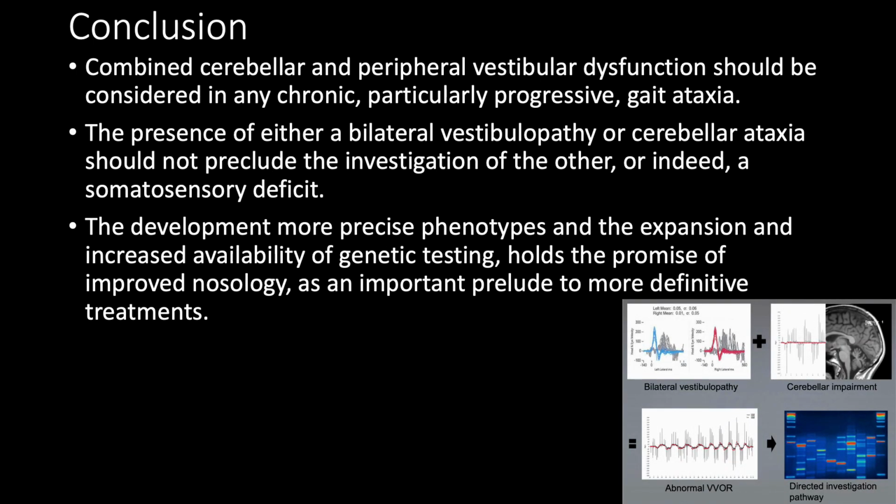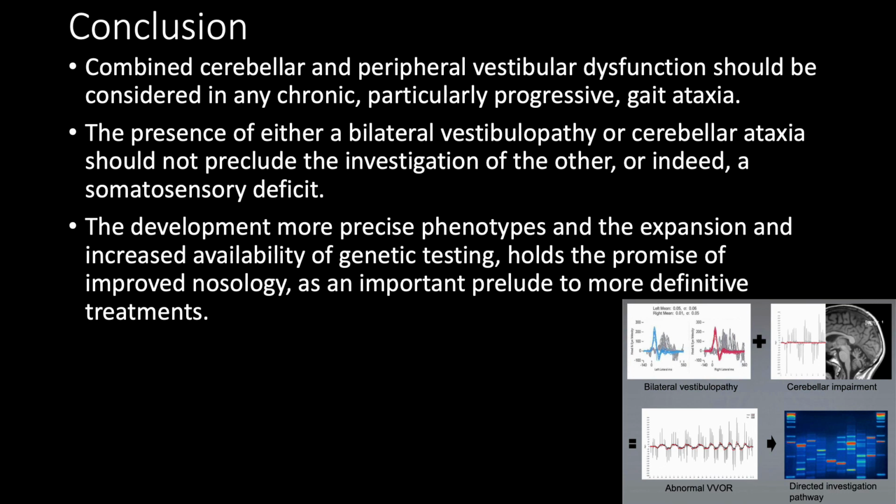And in conclusion of the overall talk, combined cerebellar and peripheral vestibular dysfunction should be considered in any chronic, particularly progressive gait ataxia. The presence of either a bilateral vestibulopathy or cerebellar ataxia should not preclude investigation of the other or of a somatosensory deficit.